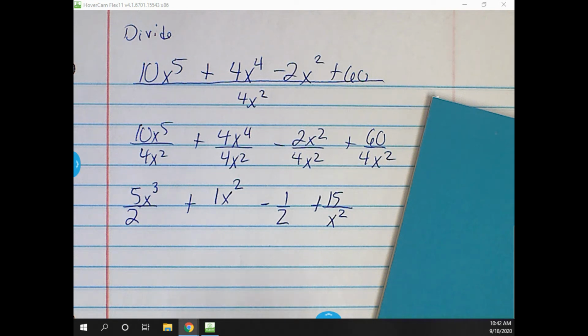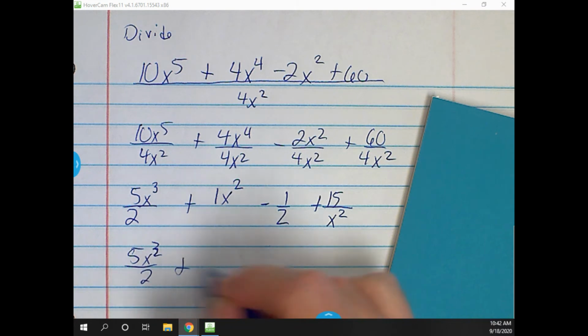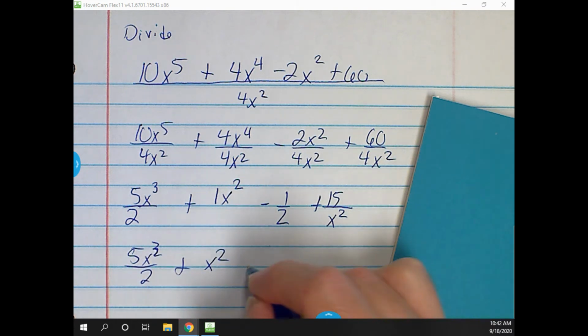Okay, the only thing you might do on that one is, oops, that's the third. For that 1x squared, of course, you can just make that x squared.